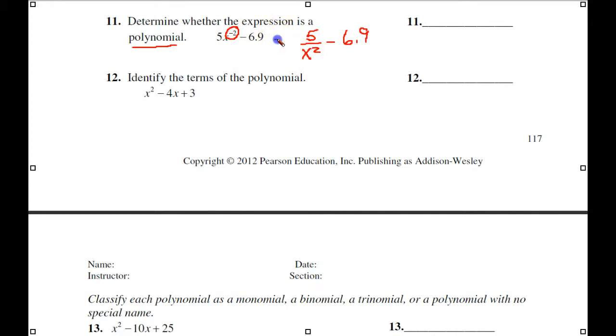And this isn't a polynomial. Remember, these 2 are equal because it has a variable in the denominator. So something that has a variable in the denominator is not considered a true polynomial. Although sometimes they just paint everything as polynomials.